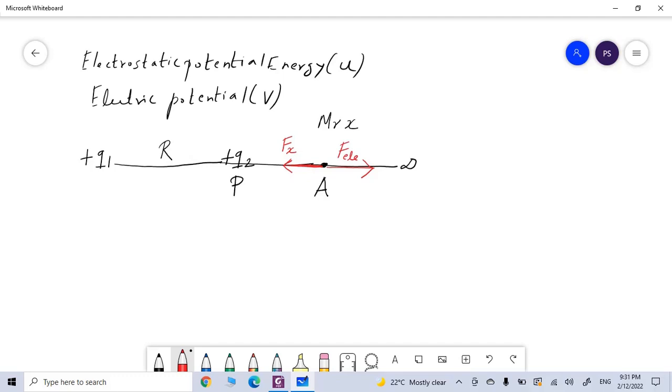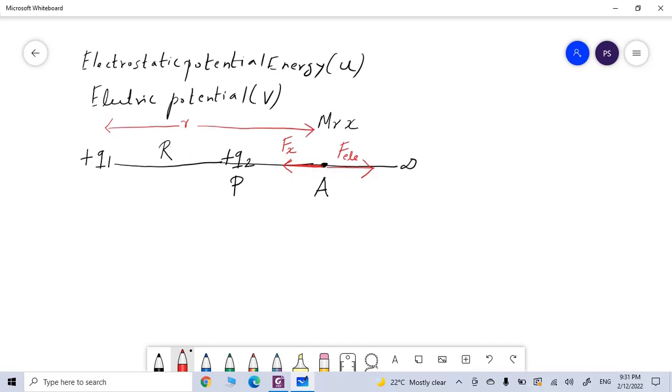Now the work done by Mr. X in moving this charge from infinity to this point P, can it be calculated? Yes, of course, it can be quantitatively described. Let us assume that the distance between this first charge Q1 and the point A is small r.